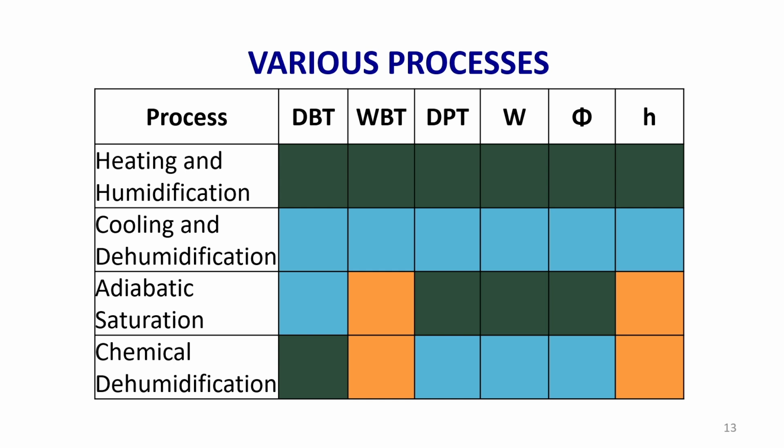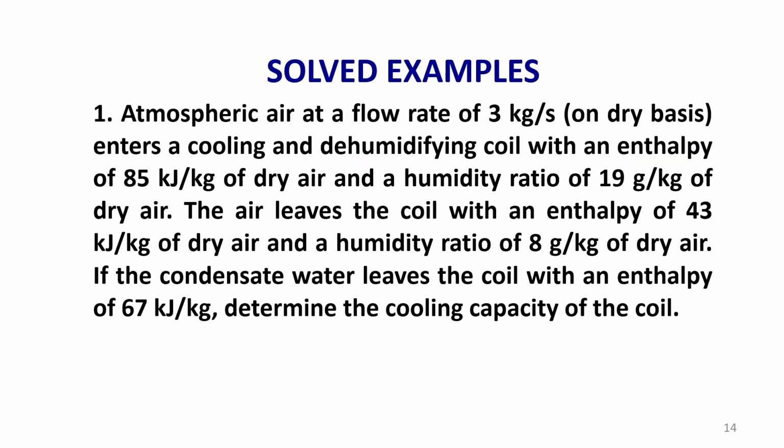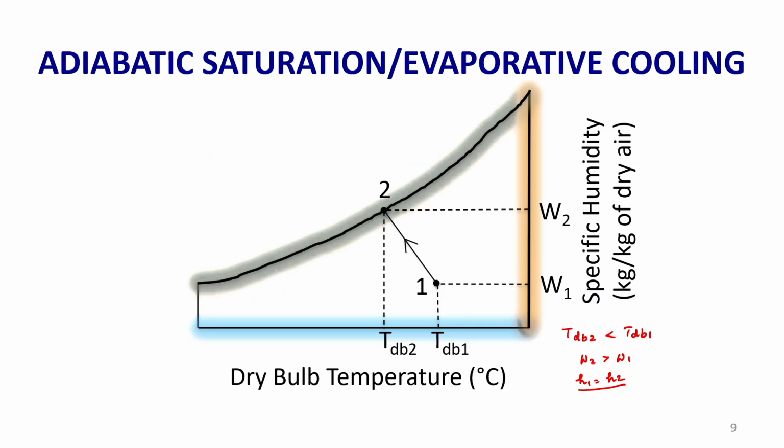Adiabatic saturation: dry bulb temperature decreases. You can see here, this is adiabatic saturation. The other name for the adiabatic saturation process is the evaporative cooling process.